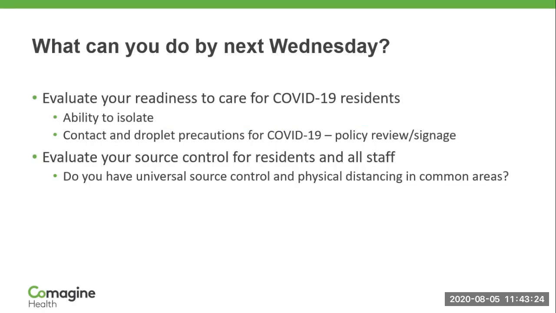And then evaluating your source control for residents and staff, looking at your universal source control and distancing in common areas for residents and staff. I point out again that break room that can be problematic for staff. So consider these things as you're preparing, or if you are in the situation, how you can improve. Next slide.